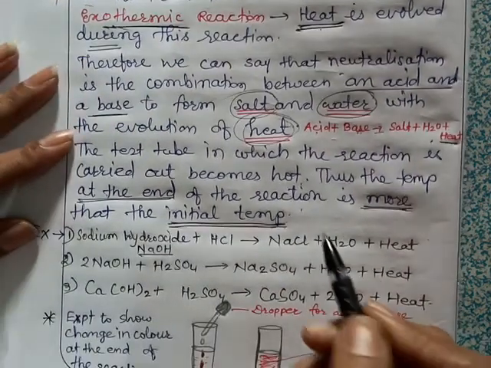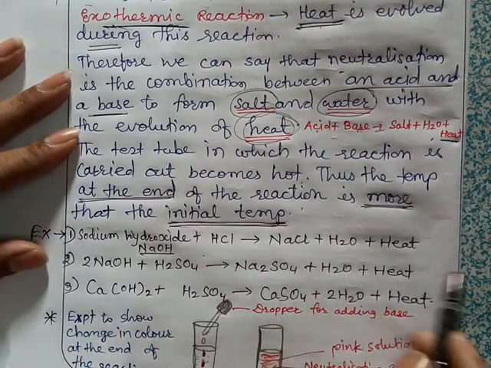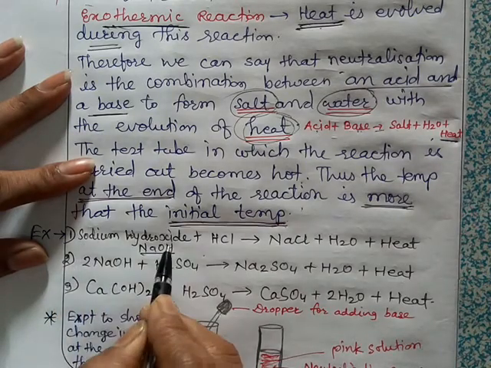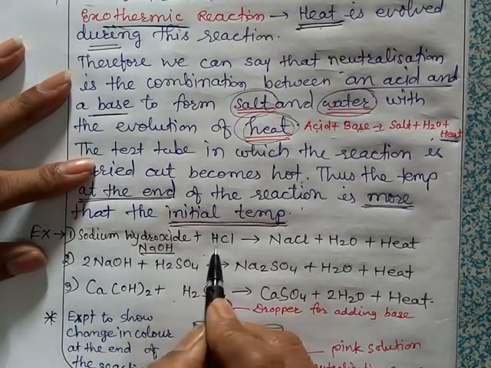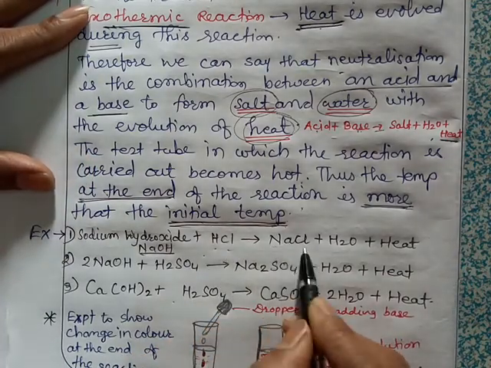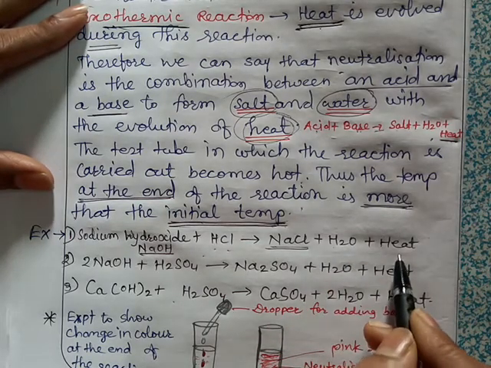Here are some examples of how we can get salts from different bases. Sodium hydroxide, that is NaOH, when it is added to HCl, that is hydrochloric acid, we get NaCl, that is sodium chloride, water and heat.